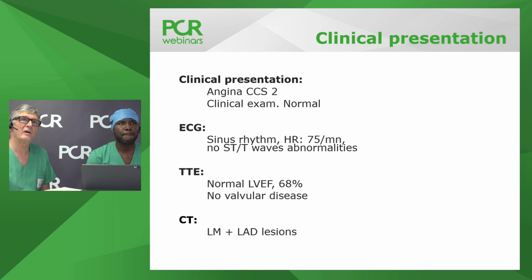The patient had angina class 2. The clinical examination is normal. He is in sinus rhythm with a normal EKG, and transthoracic echo showed a normal left ventricular ejection fraction, no valvular disease. The patient had a CT scan before the coronary angiogram, which showed some left main and LAD disease.